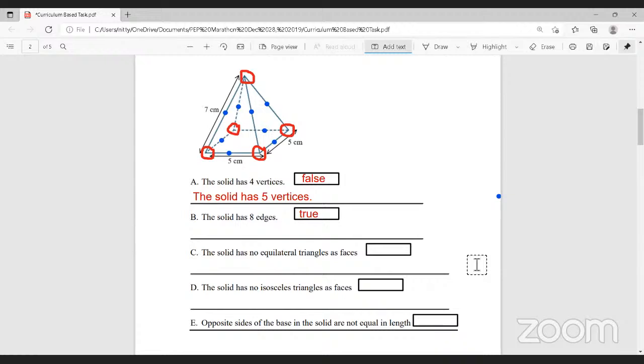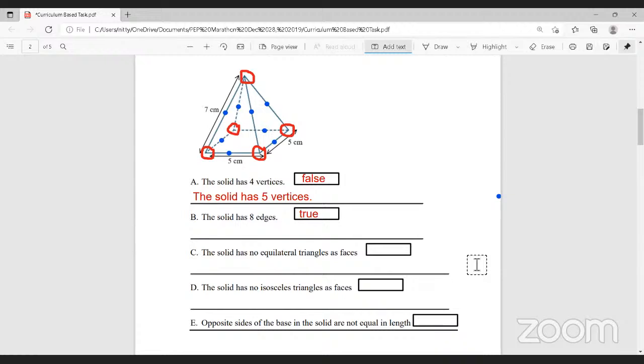Do you know what equilateral triangles are? Go ahead and tell me, what do you know about equilateral triangles? Because I think equilateral triangles is given a name. It seems as if it's a special kind of triangle.